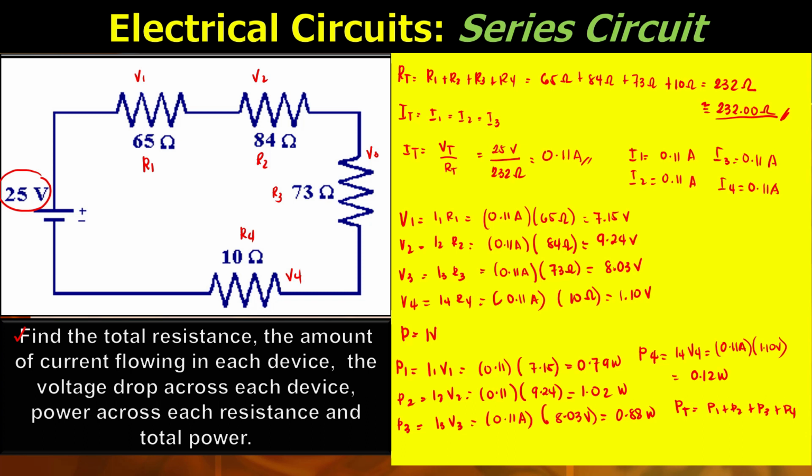So we have 2.03 watts. Our P total, 2.03 watts.